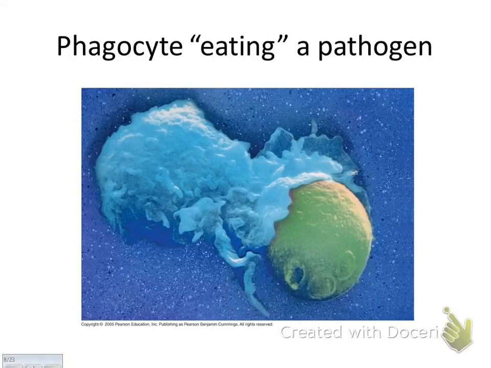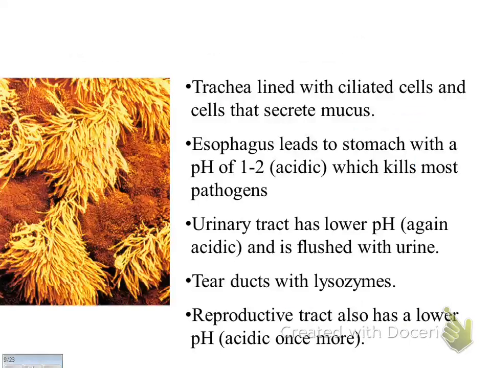Okay, and then it says they use their pseudopodial movement. You know what that is, right? Their false foot. And they eat pathogens. It says eaten pathogens are broken down using lysosomes. You know what lysosomes are. And then peroxisomes: they are little things inside the cell that make peroxide, like hydrogen peroxide.